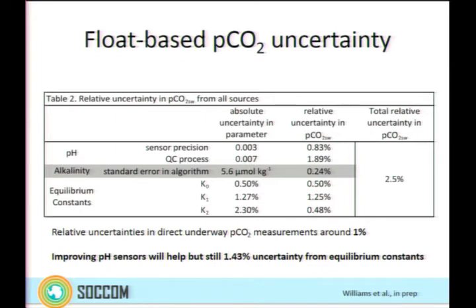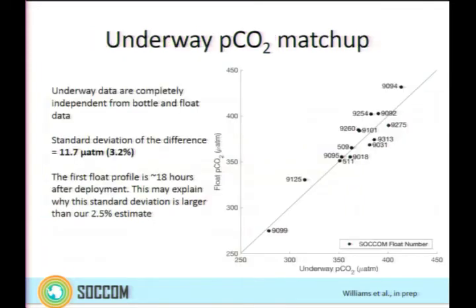And no matter how good we make these pH sensors, there's always going to be a 1.43% uncertainty just because of the calculation. So that's something to strive for, I guess. And a final check on is this uncertainty sort of a realistic estimation? I compared the float PCO2 calculated from the first profile with the underway PCO2 measured on board the ship.